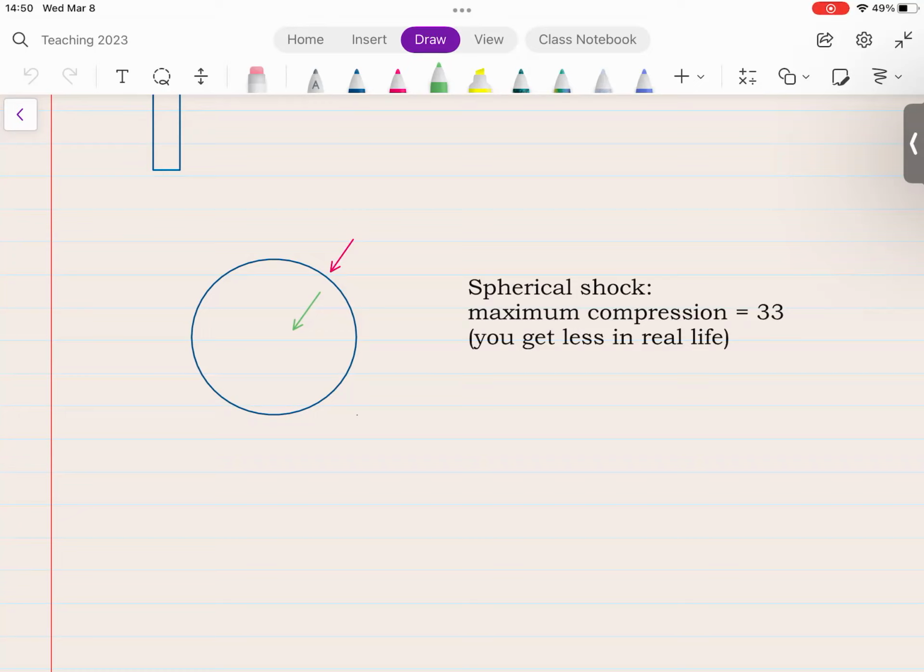One catch is that the amount of energy that's required to get a good spherical compression with a single shock is actually very high. And we don't have time to get into it.